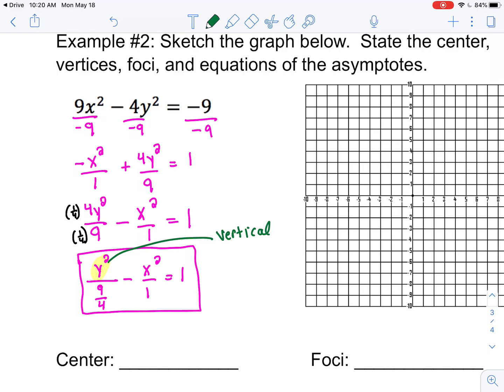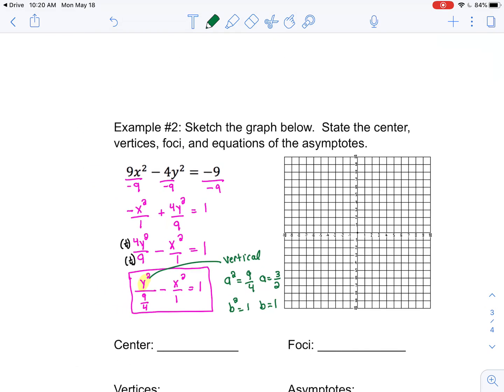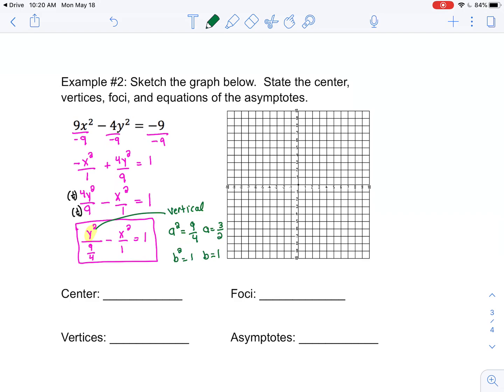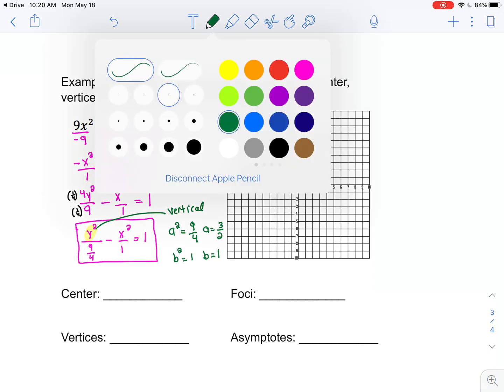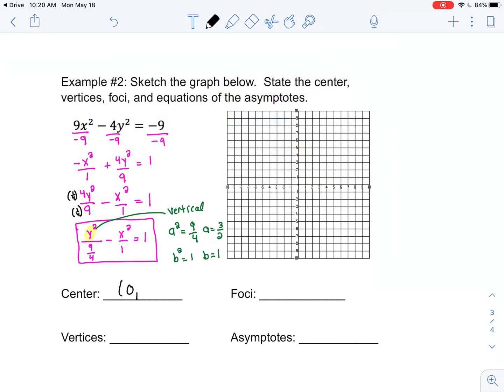A squared is always the first denominator, so my a squared is equal to 9 over 4. So that means a is going to be equal to 3 over 2. My b squared is equal to 1, so my b is equal to 1. So I'm starting to get the pieces of the puzzle that I need here to go ahead and graph. So I know I'm vertical, I have my a, I have my b, and I know my center is at 0, 0.